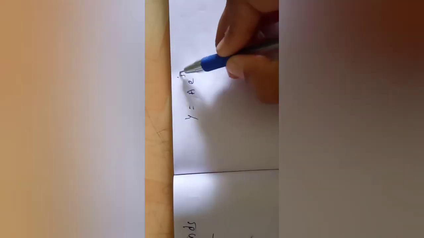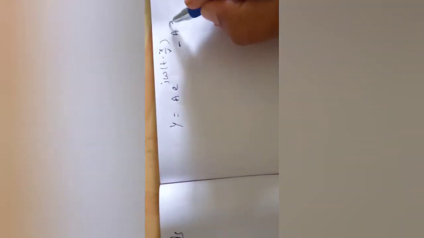Now substituting A equal to minus b in equation 1, in place of b I will substitute minus A. Now the equation turns out to be y equals A e to the power of j omega (t minus x by v) minus A e to the power of j omega (t plus x by v), right?